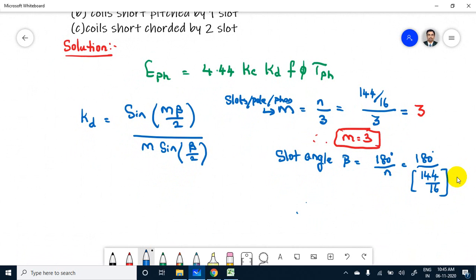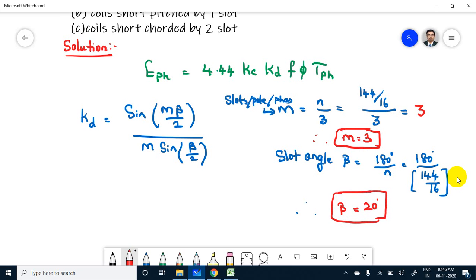So what is beta? Therefore beta equal to how much? Please give the reply. 20, sir. Good. Beta equal to 20 degree.